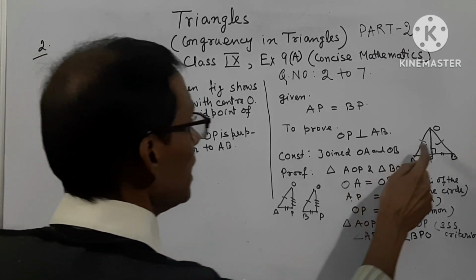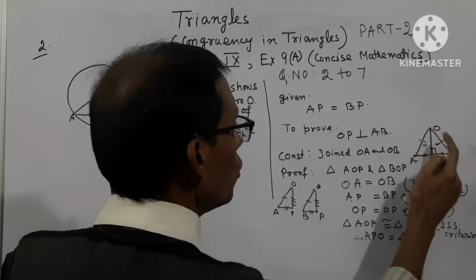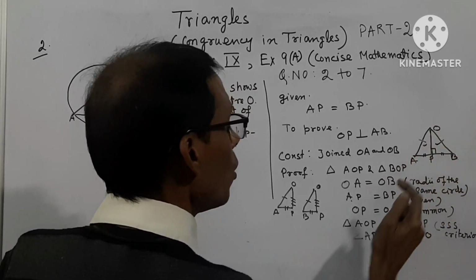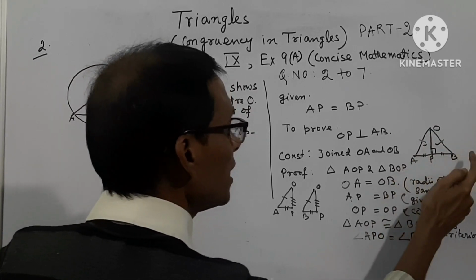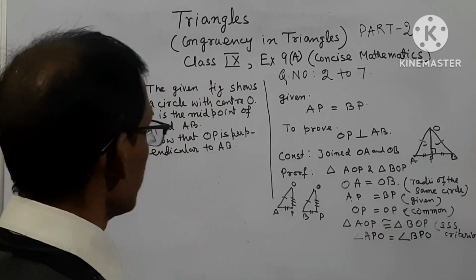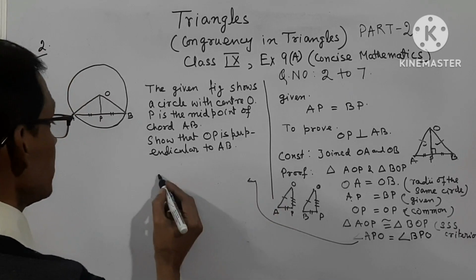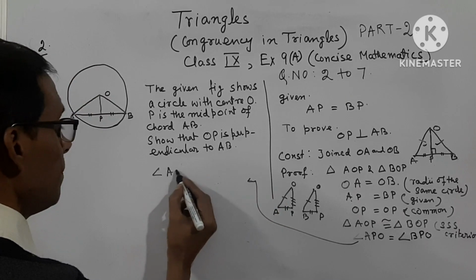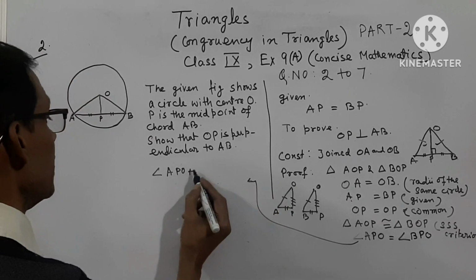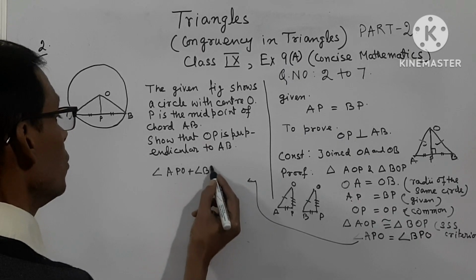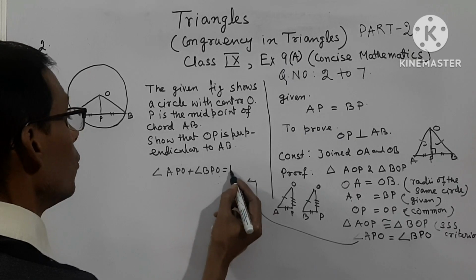But angle APO and angle BPO, what? It is making a straight line APB. So you can say angle APO plus angle BPO equal to 180 degree.